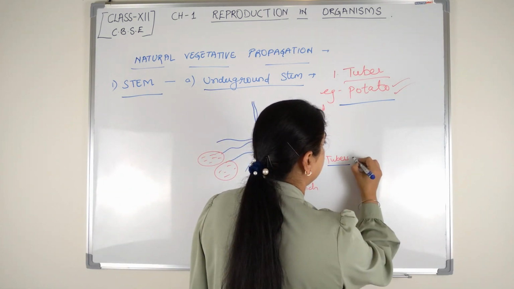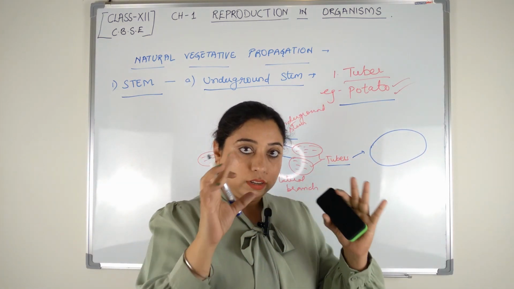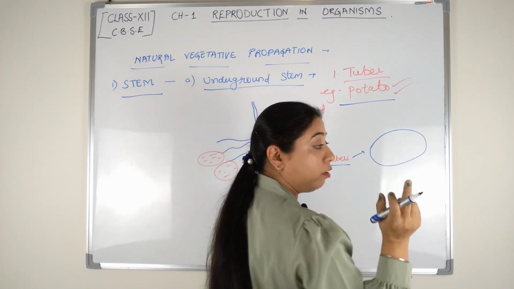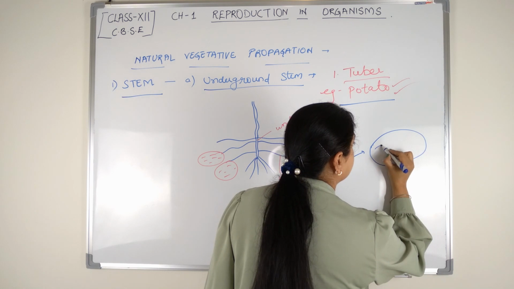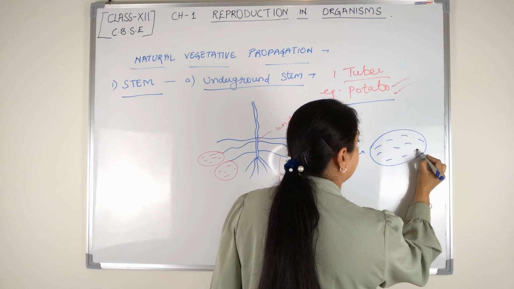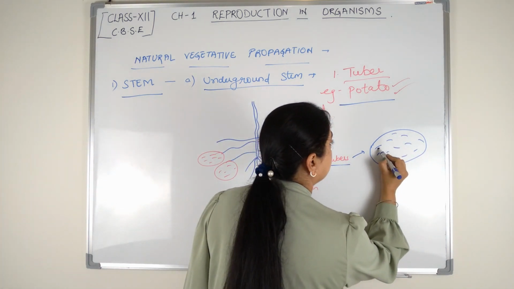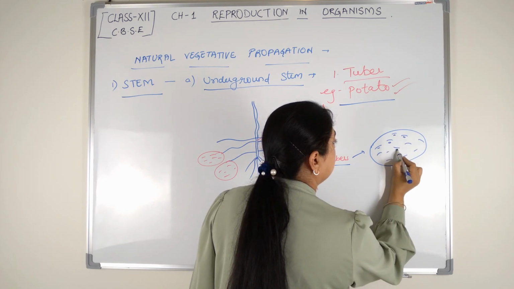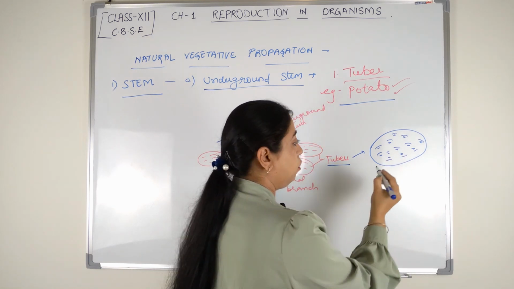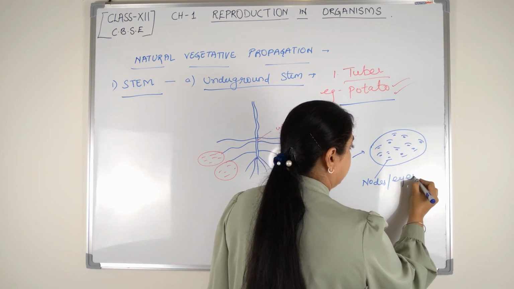Each potato tuber has a swollen structure, and all over its surface, as I've already shown you, there are some eye-like structures. All over its surface, it has dotted structures, some scars. These eye-like structures are known as nodes. These are nodes or eyes.